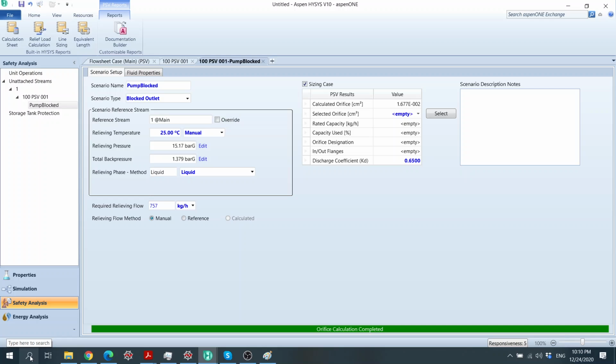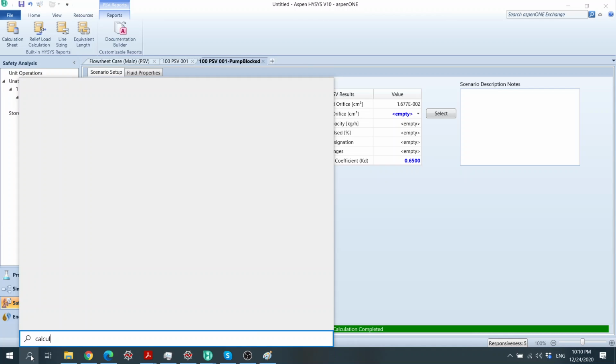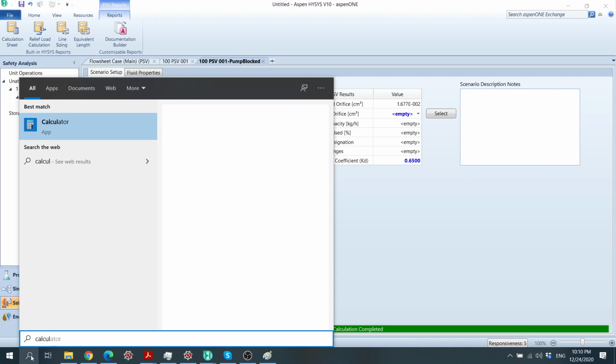We have 200 gallon per minute, that means 757 divided by 60. How much is that? Calculator.